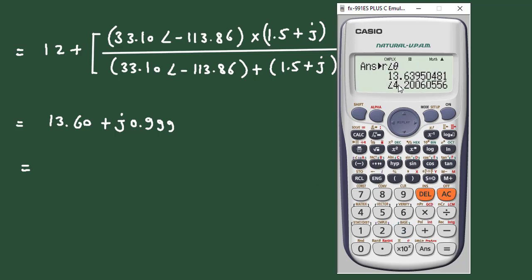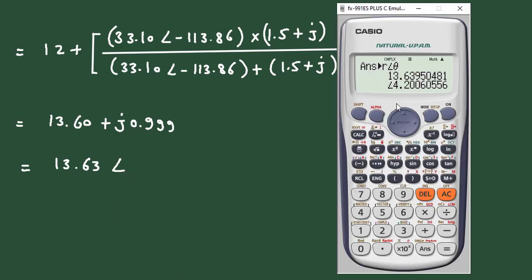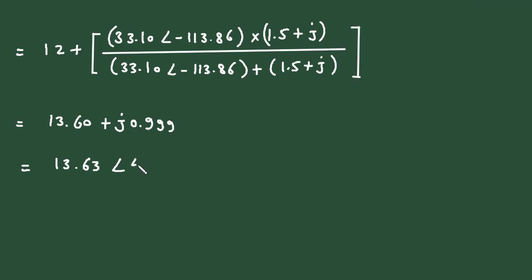So it is 13.63 at an angle 4.2 degree, and since it is impedance, its unit will be ohm. Therefore ZEQ is equal to 13.63 at an angle 4.2 degree ohm.